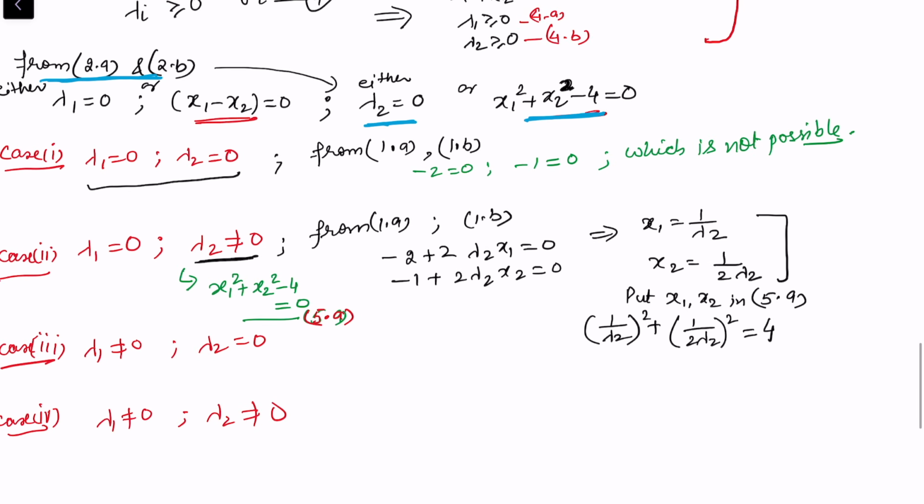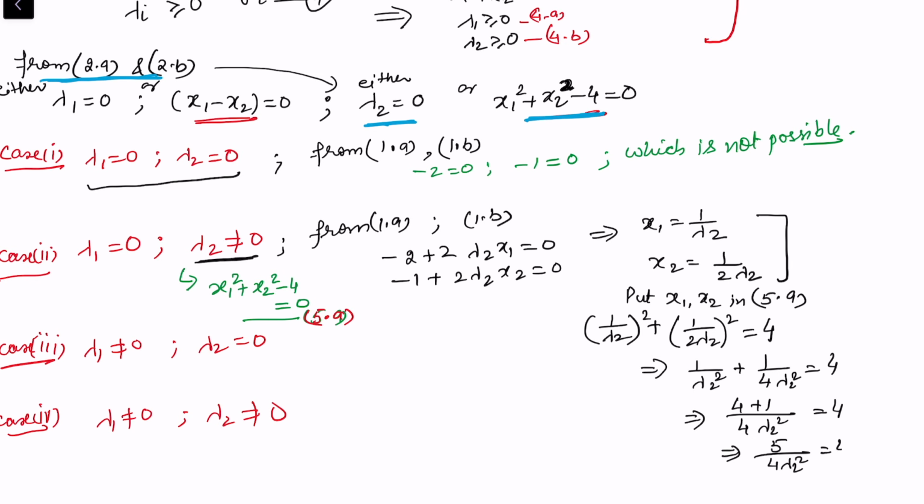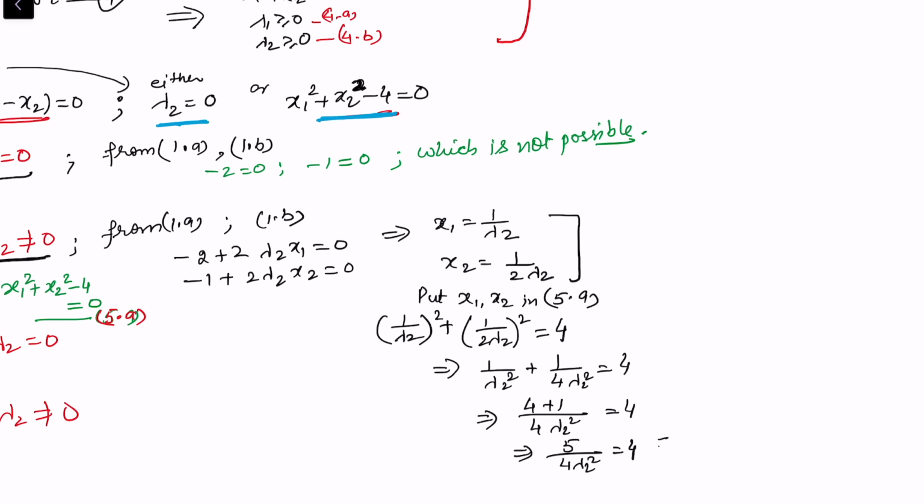So when we solve this, taking the LCM and reducing the terms, we will have 4 plus 1 by 4 lambda 2 square equal to 4. So this will give me 5 by 4 lambda 2 square equal to 4, and so 5 equal to 16 lambda 2 square. So lambda 2 square is 5 by 16, and so lambda 2 is plus minus root 5 by 4.